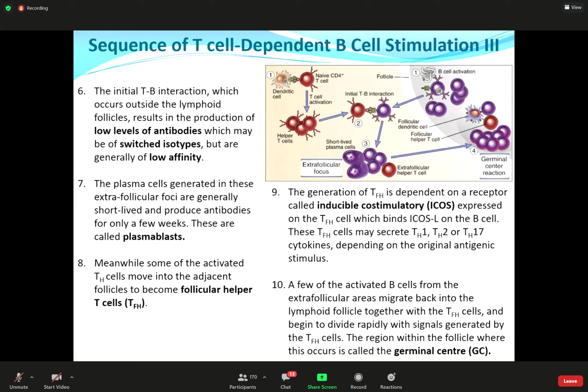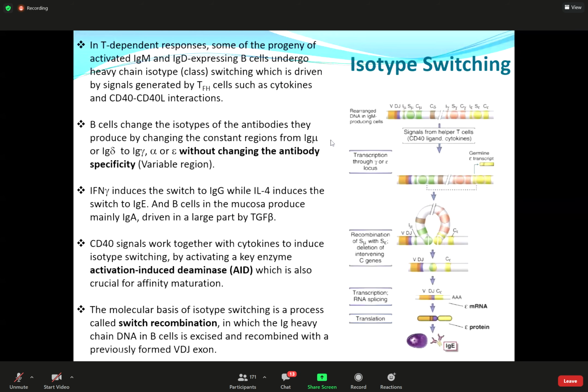So once the TFH cell has developed within the germinal center, as well as the B cell migrating in this germinal center, what happens is that, first of all, that B cell can undergo isotype switching from IgM into IgG, IgA, IgE, depending on the antigen.